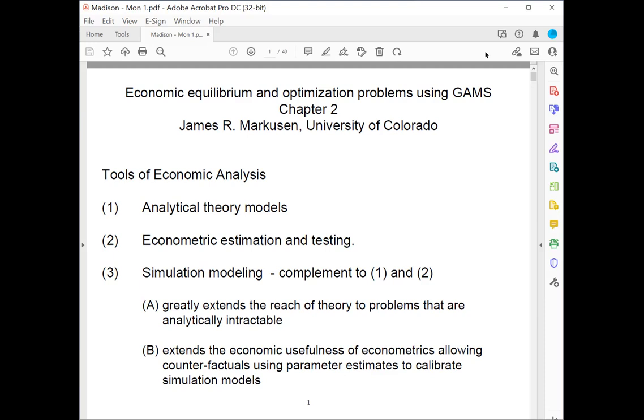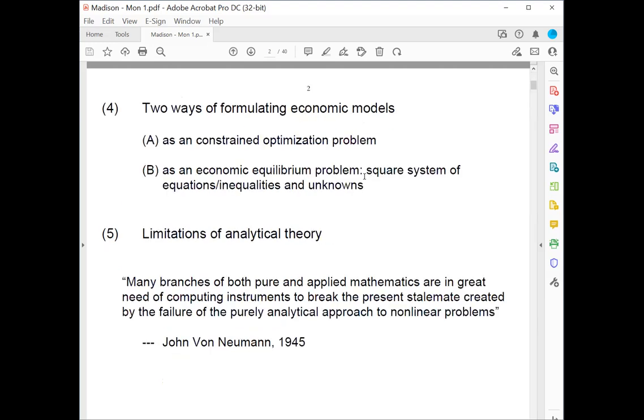It greatly increases the reach of theory to problems that are analytically intractable, and it extends the economic usefulness of econometrics. People are now estimating structural models, and then using tools that I can develop here to do counterfactuals on their structural models. That's become a big business in economics right now.